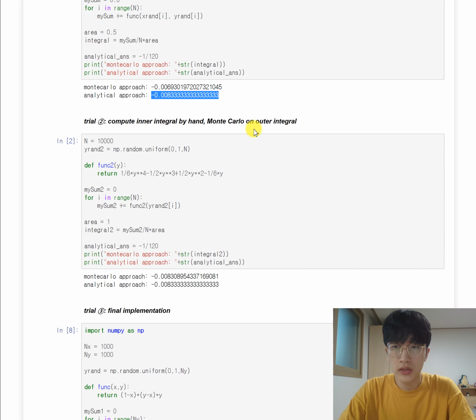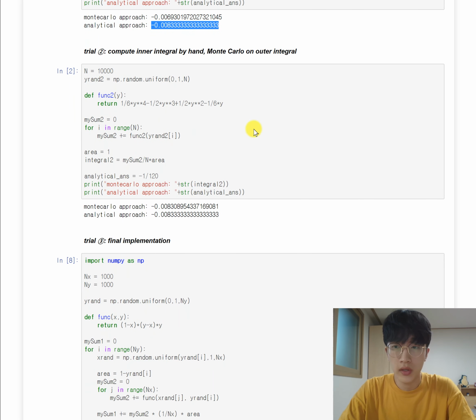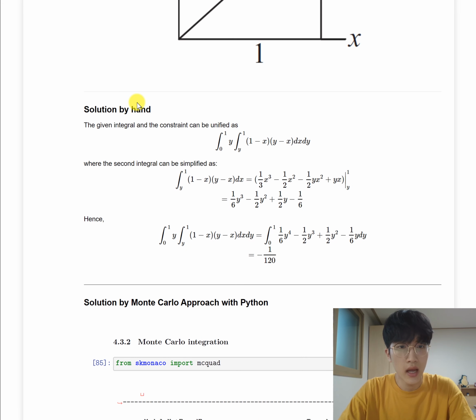The second trial was just to check if the Monte Carlo method was working. So I solved the inner integral by hand. So this is the result of the inner integral. You can see that I eliminated the x and left only y alive, as we did with the computation by hand.